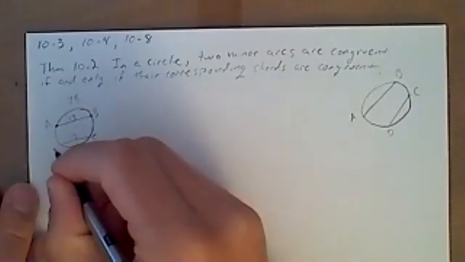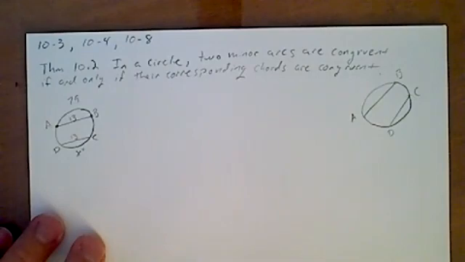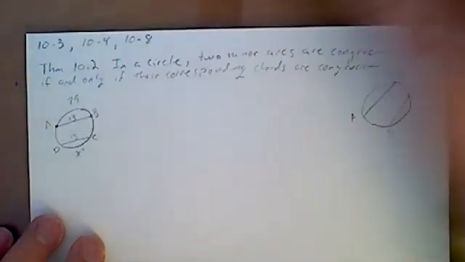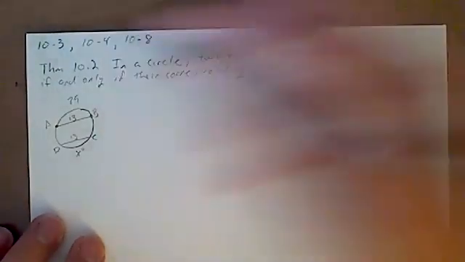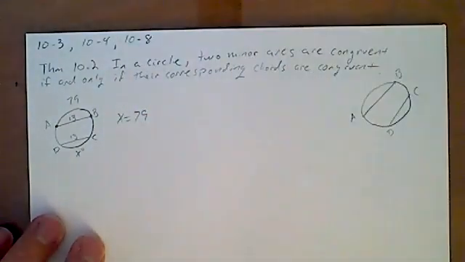Then what would X have to be? Well, since AB and CD are congruent chords, then the arcs must be congruent as well. So X is 79.